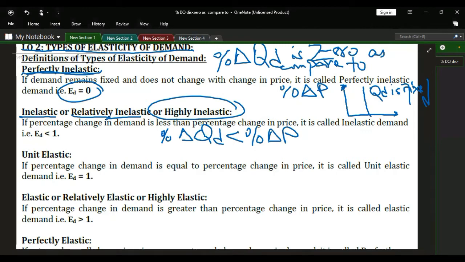For example, if quantity increases by 10%, then the price will decrease by 90%. So its graph will be a relatively inelastic curve showing that there will be a high increase in the price level as compared to the quantity level.